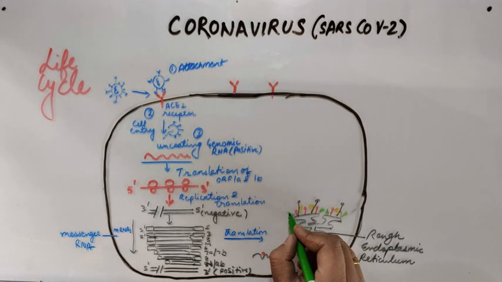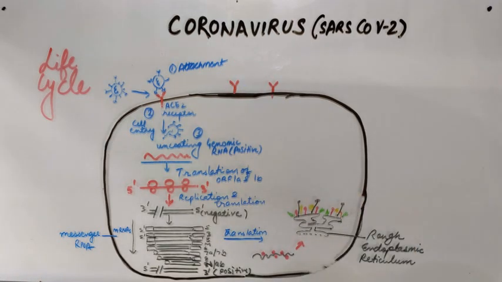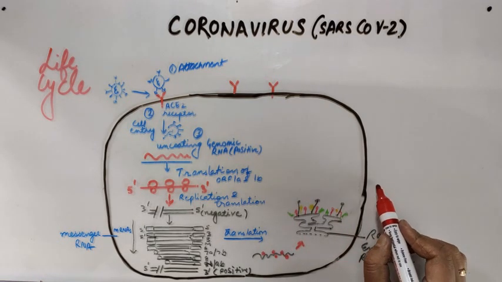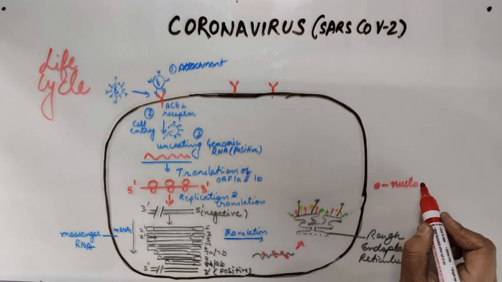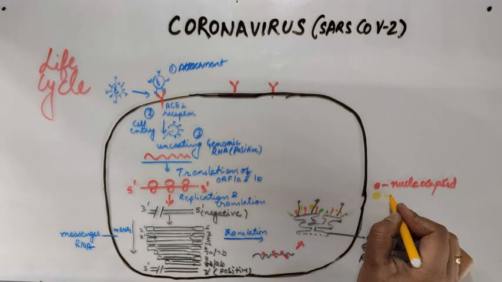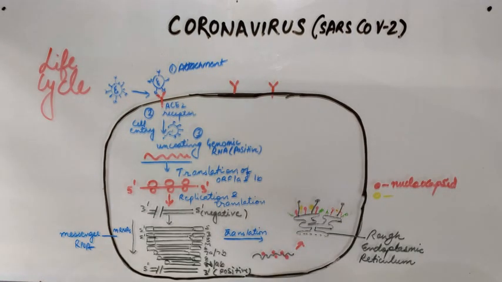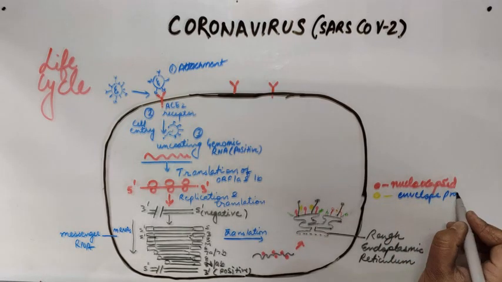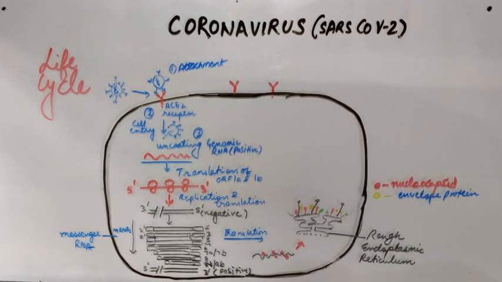Now, the viral structures, that are the spike proteins, envelope, membrane, make their pathway towards Golgi apparatus after being assembled in the endoplasmic reticulum.